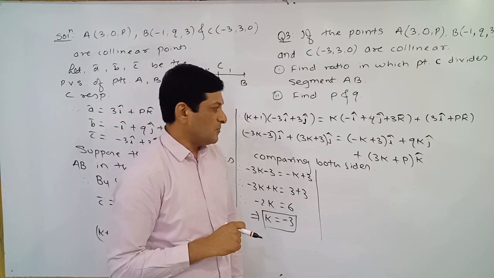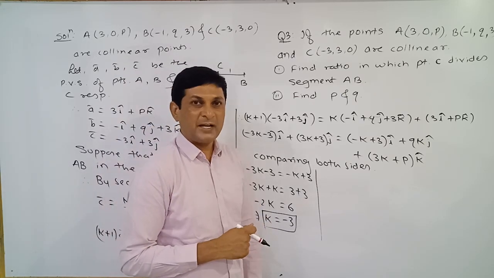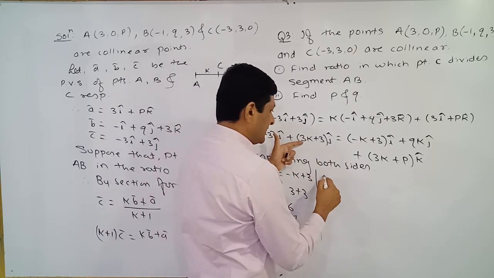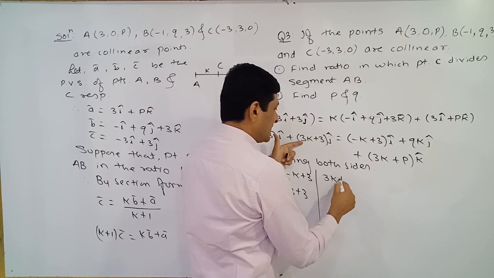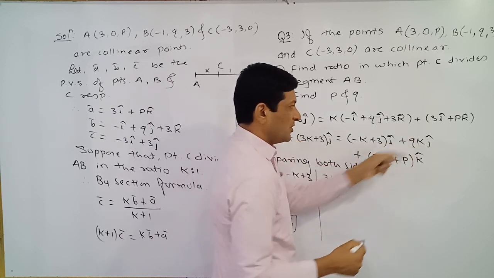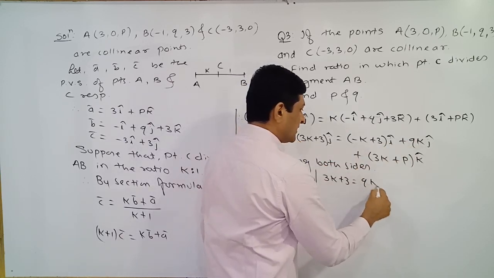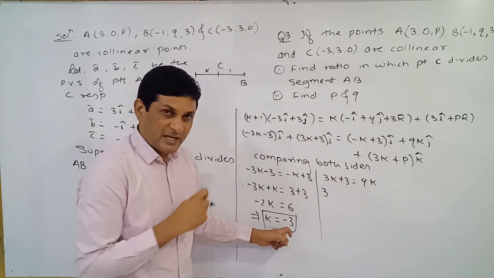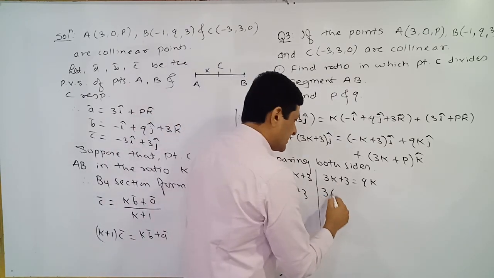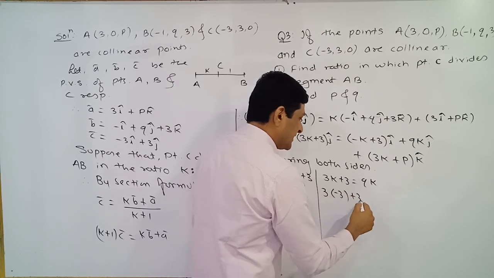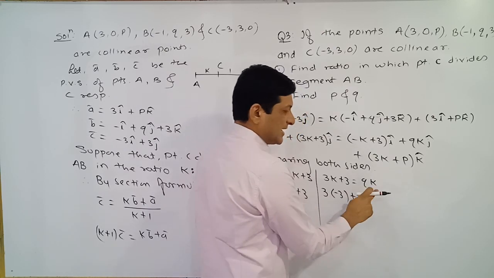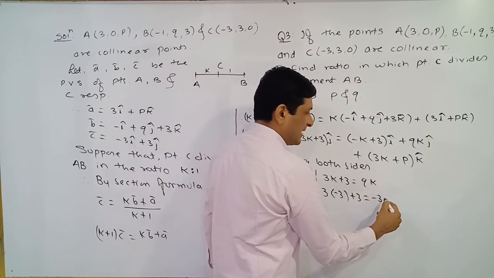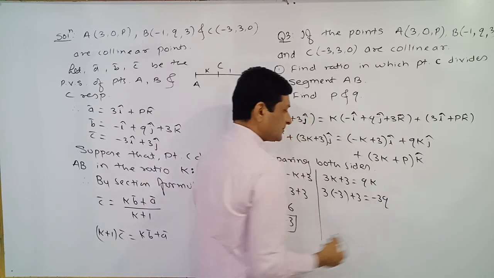Now let us see what we will get by comparing the coefficient of j cap. So here the coefficient of j cap is 3k plus 3, and on this side the coefficient is qk. Now I am replacing k by its value. What is the value of k here? Minus 3. So here replace k by minus 3: 3 into minus 3 plus 3 is equal to, again on this side replacing k by minus 3, minus 3 into q, equals minus 3q.